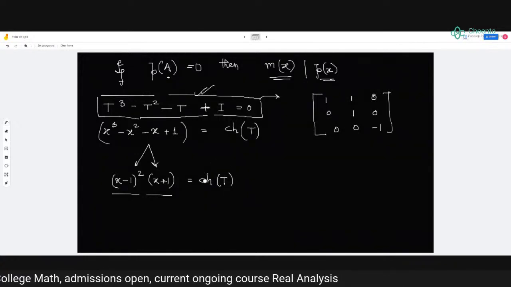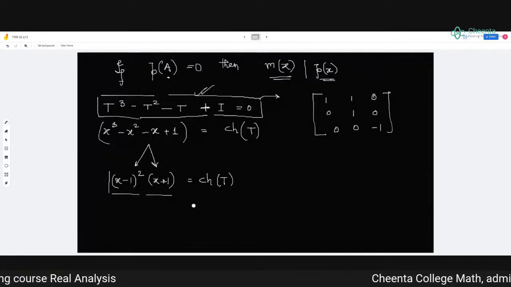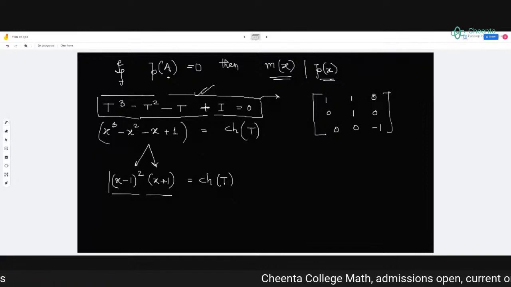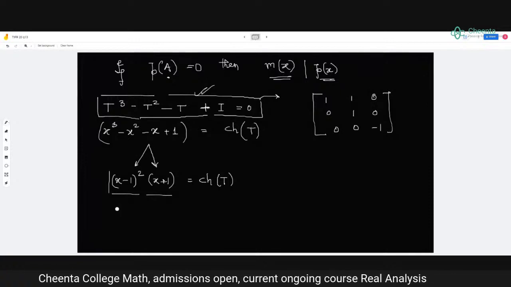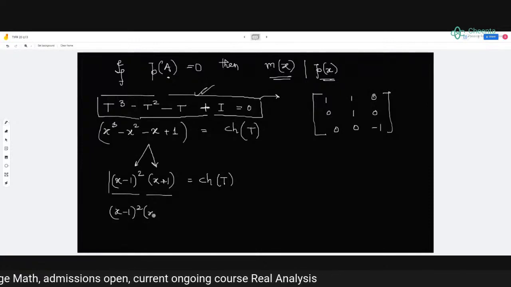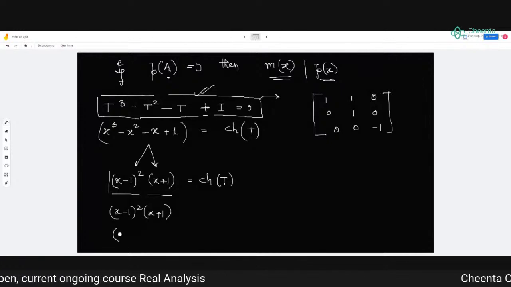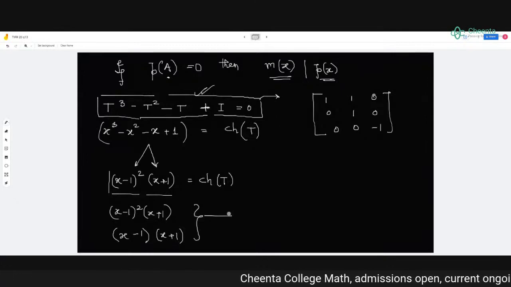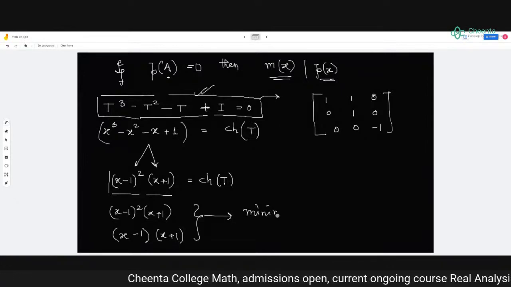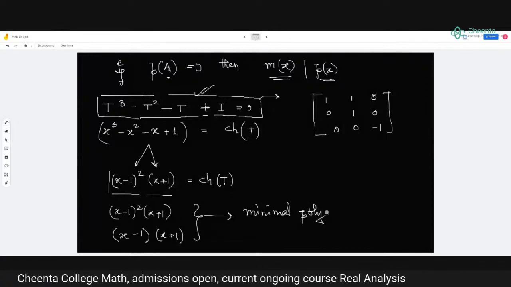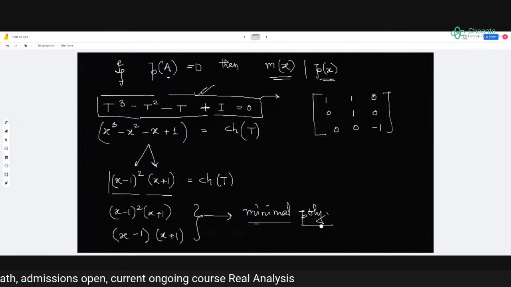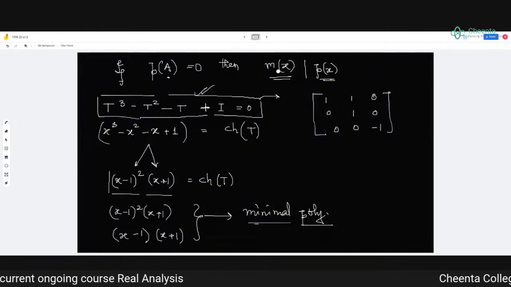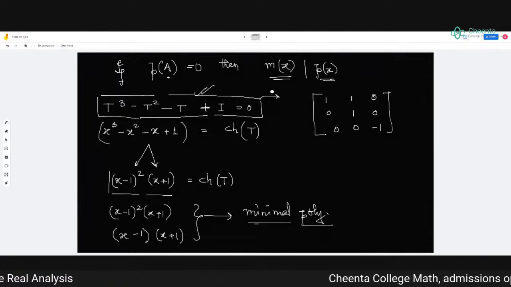So now if the characteristic polynomial has this form, what will be the minimal polynomial? It will be either x minus 1 whole square into x plus 1, this is one possibility, or x minus 1 into x plus 1. So these are the two possibilities for the minimal polynomial. Now, the algebraic multiplicity equals geometric multiplicity.